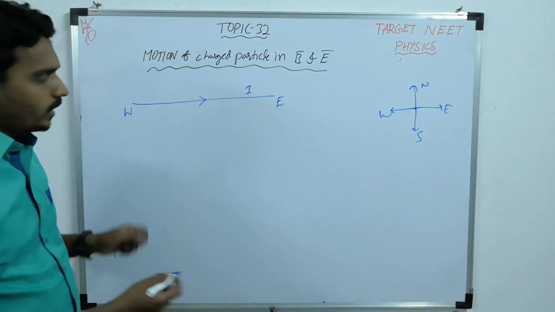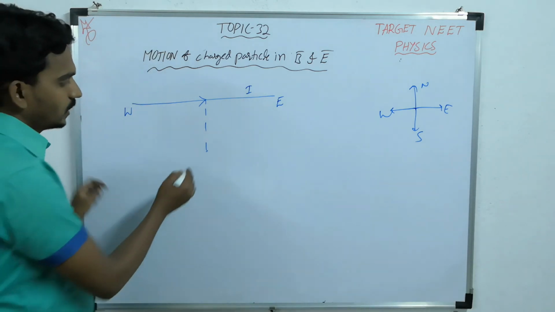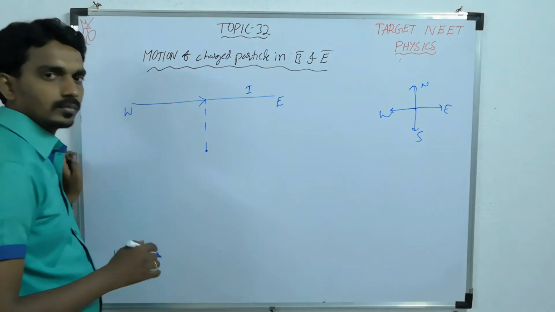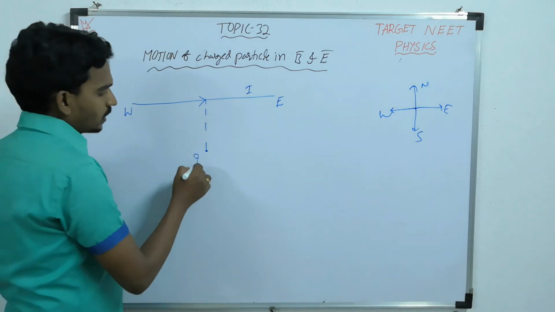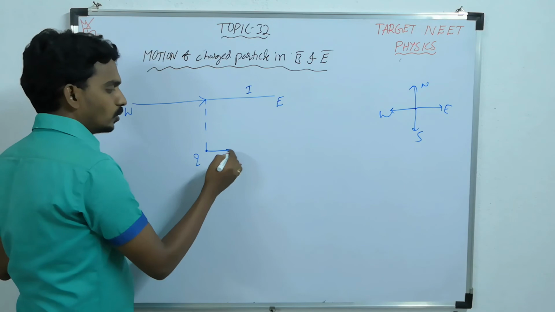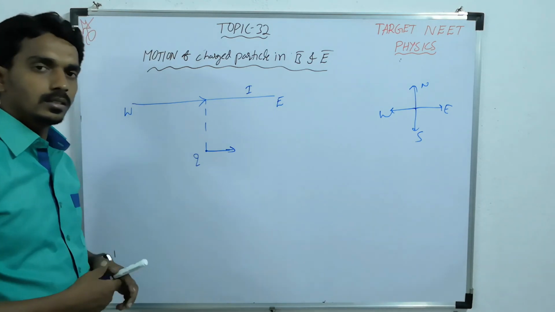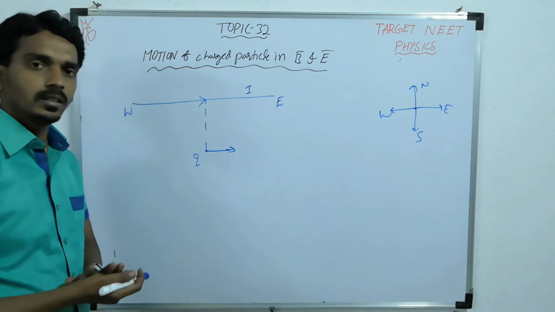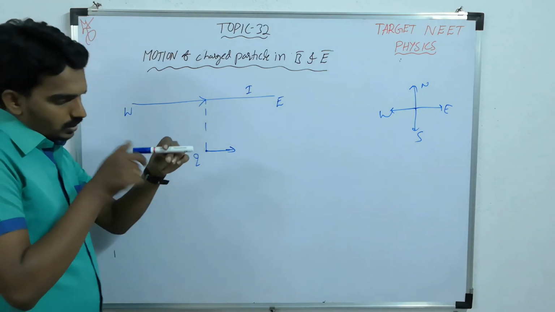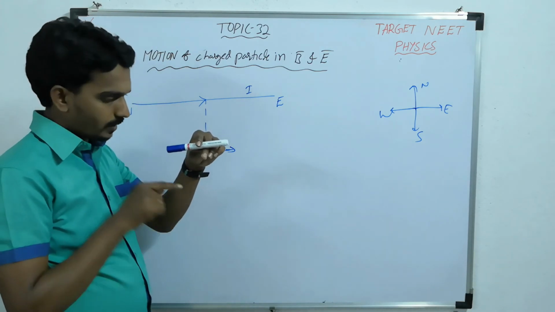Now there is a point exactly below the wire, and one charge is trying to move towards the east. So this is the wire, this is the current direction, this is the point below it, and the charge is moving like this.